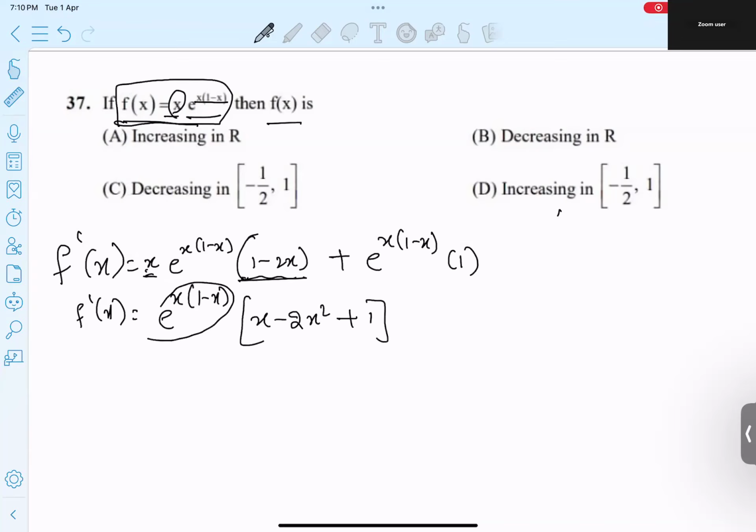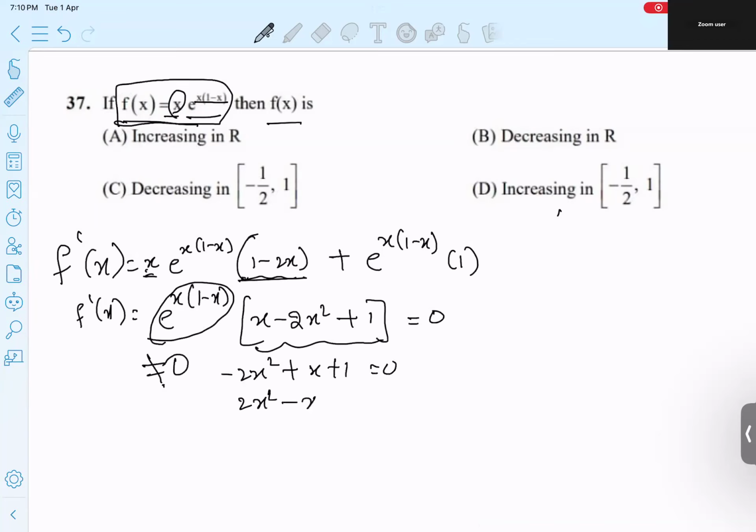So now this value cannot be equal to 0. If I put this as 0, this cannot be equal to 0. Obviously, minus 2x square plus x plus 1 equal to 0. So if I take 2x square minus x minus 1 is equal to 0. And if I simplify this using the formula, x is equal to minus b plus or minus root b square minus 4ac by 2a.